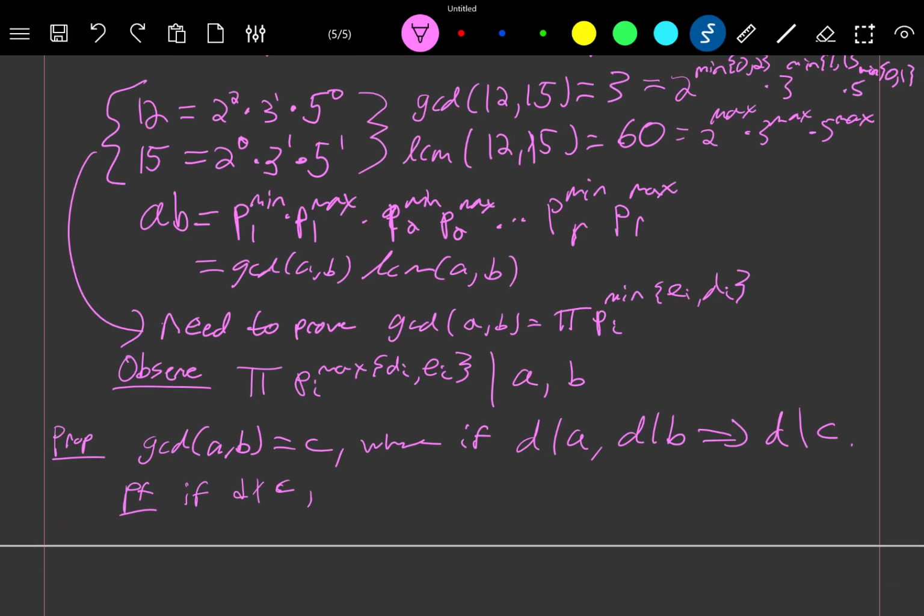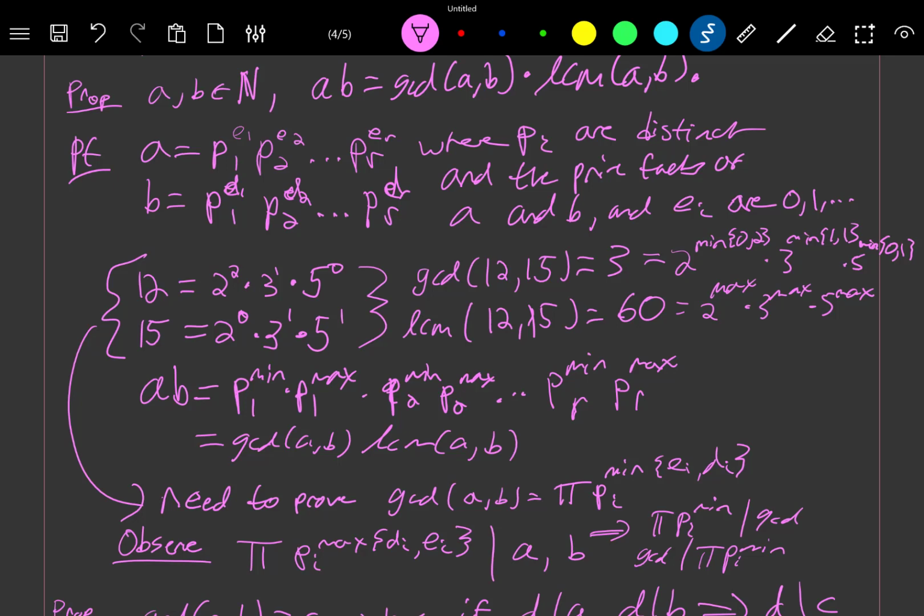And so if D is a common divisor and it doesn't divide, I'm kind of using this observation. So this tells me that this product of the Pi to the min divides the GCD. And also the GCD is going to divide this product of the min. And this is because, if we look at the greatest common divisor, each Pi can have the largest power be the minimum of those two for it to divide.